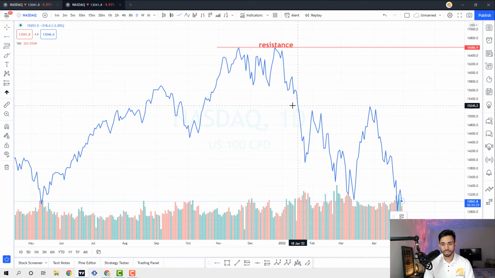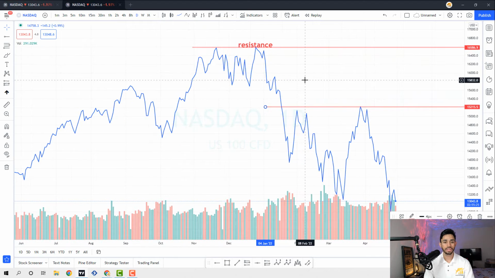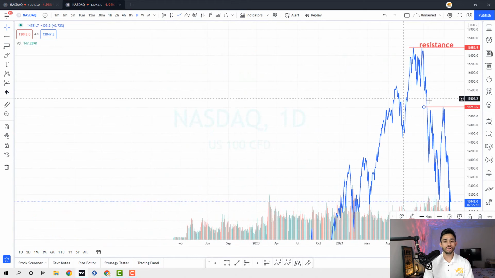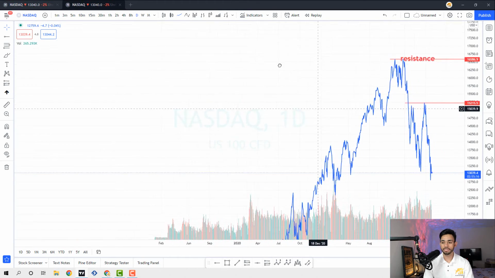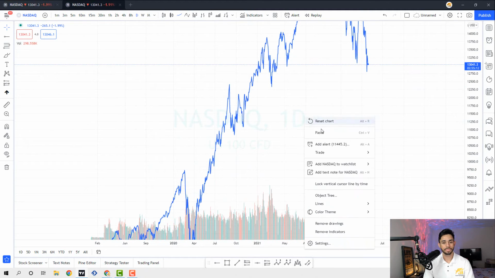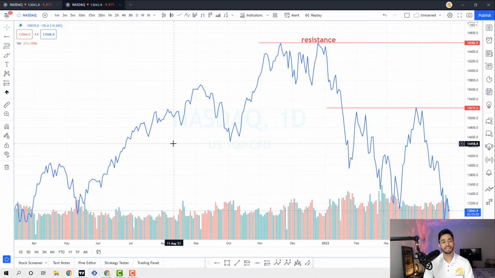Okay, another obvious one could be here, this level. Also, just to make things a little bit clearer, we don't need to go all the way back, for example, here, to look at our trends, or I would say our key levels. We simply need, I would say, 4 to 5 months in the past, which is good enough to analyze and find the key levels.